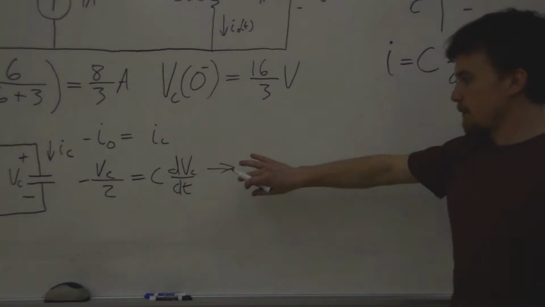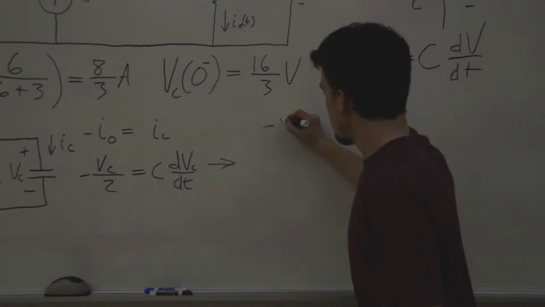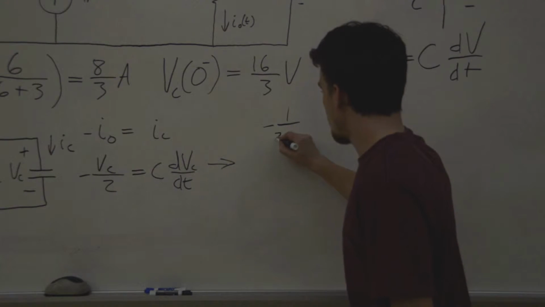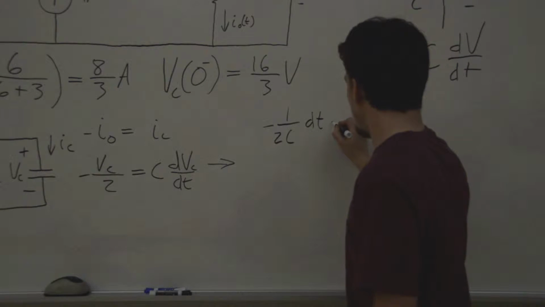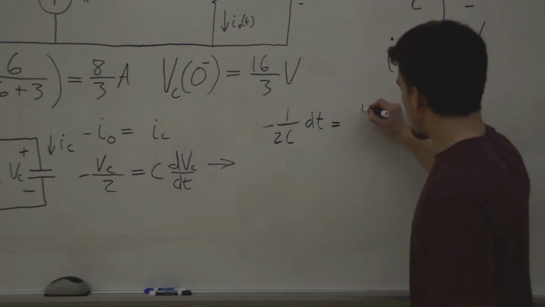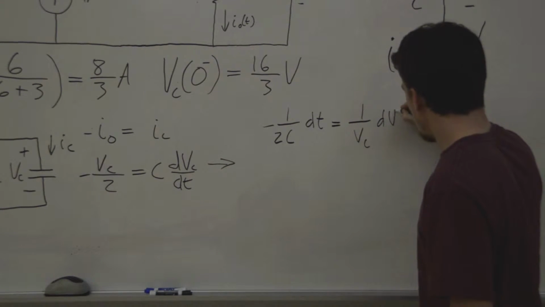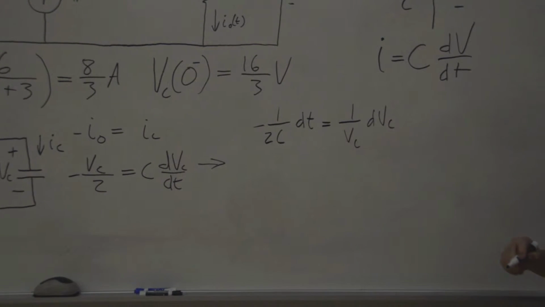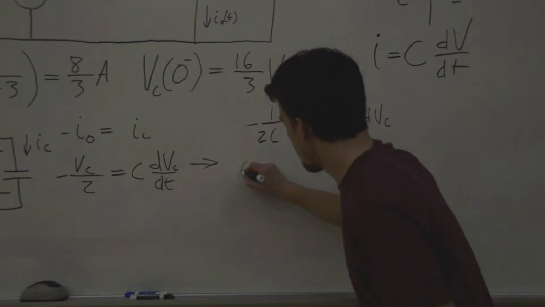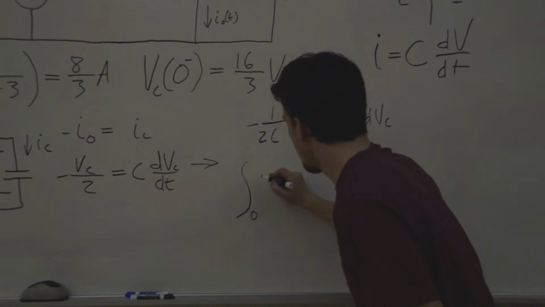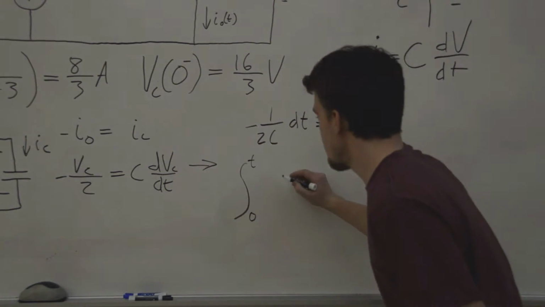Now, when you separate this into 2 sides, and when we integrate both these sides, we're going to integrate the side that involves t from 0 to t.